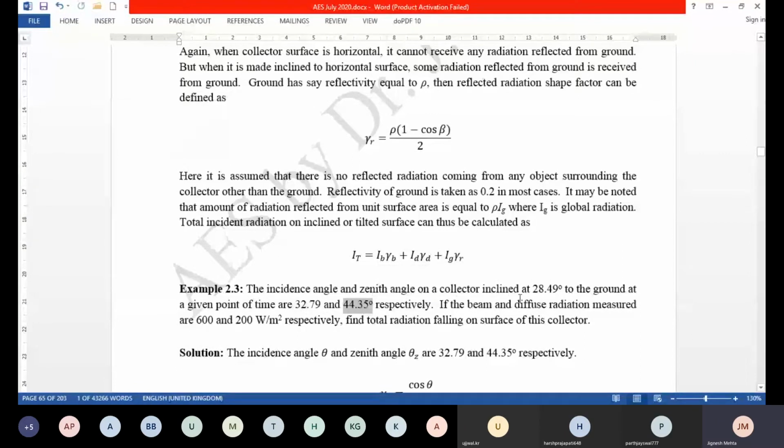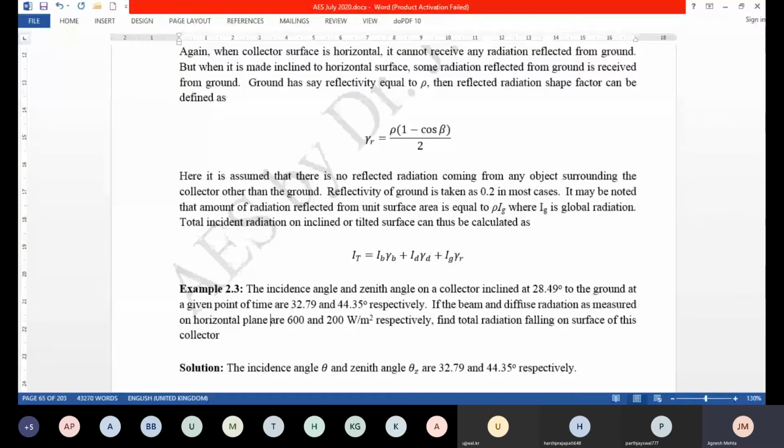Now let's say the beam radiation and diffuse radiation as measured on horizontal plane are 600 and 200 watt per meter square respectively.